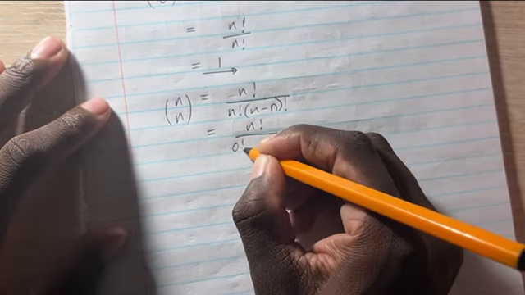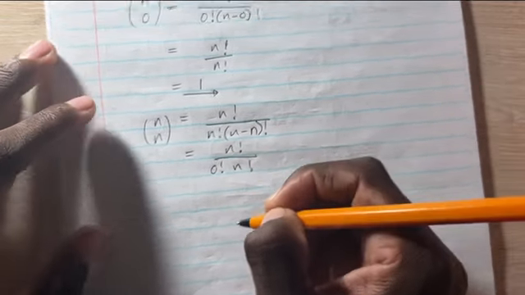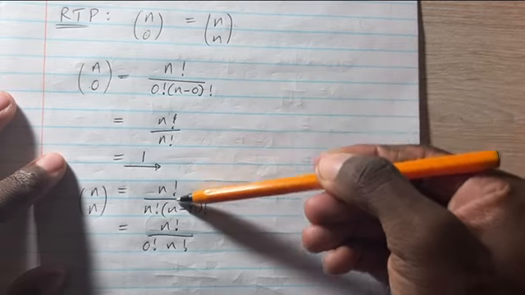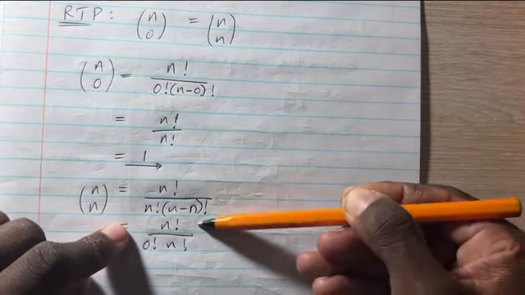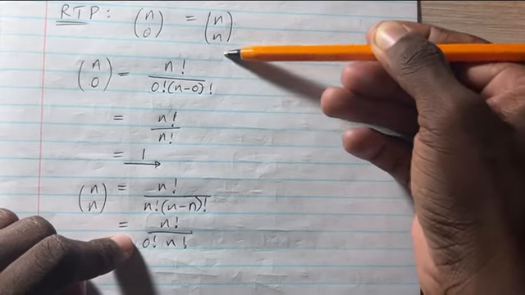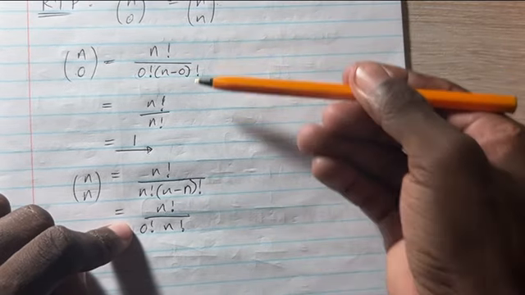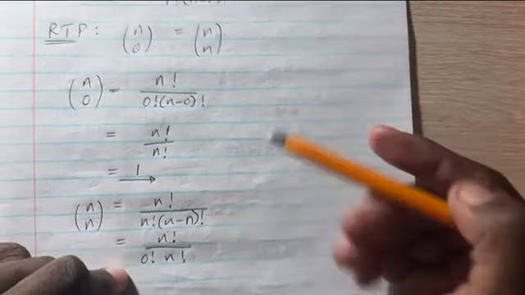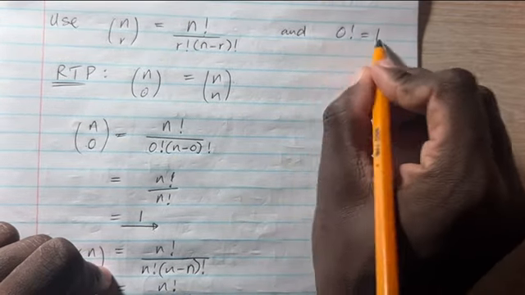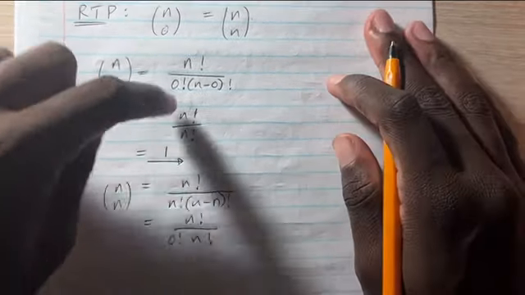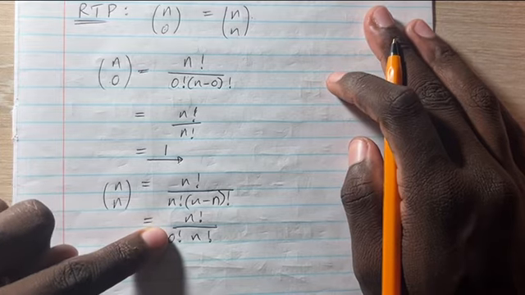So that's 0 factorial, n factorial. You see something? This is already the same as this, because the minus 0 doesn't really matter. So in a sense, you can prove it differently. I just really wanted to use the 0 factorial. And if you go directly from this to this, you don't get to use the 0 factorial equals 1.